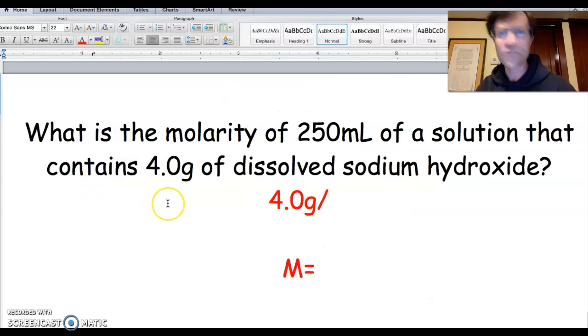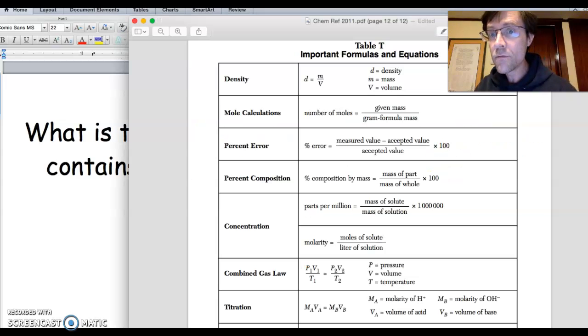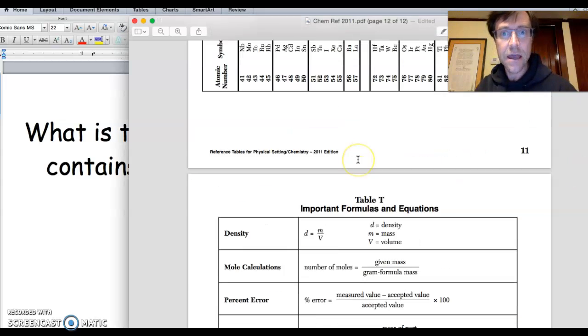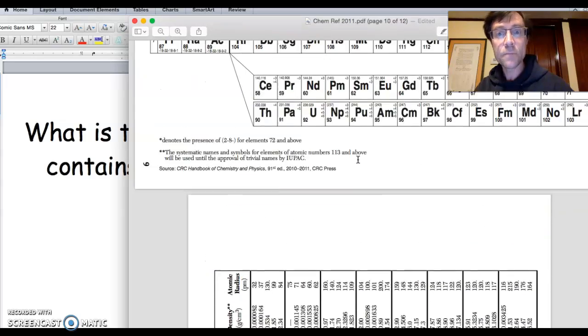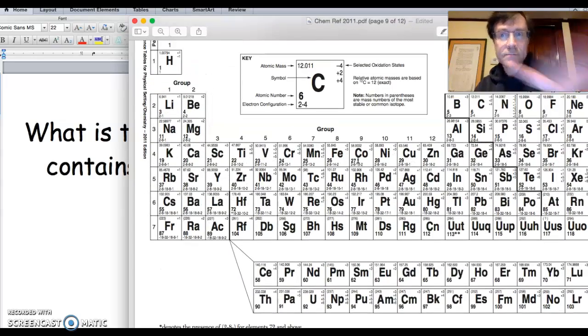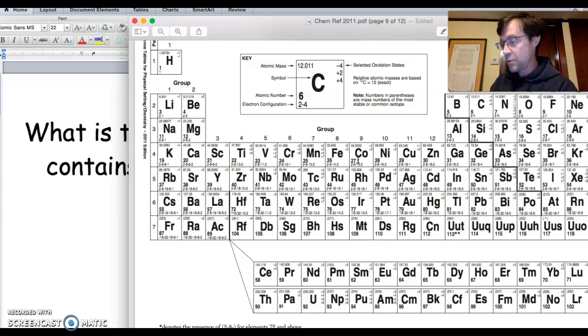Well, you might be asking yourself, what is the gram formula mass of sodium hydroxide? I don't know. That's why I have this thing, and that's why I came up here and made this horizontally. So, handy dandy thinky brain part. It's going to be sodium hydroxide, NaOH.